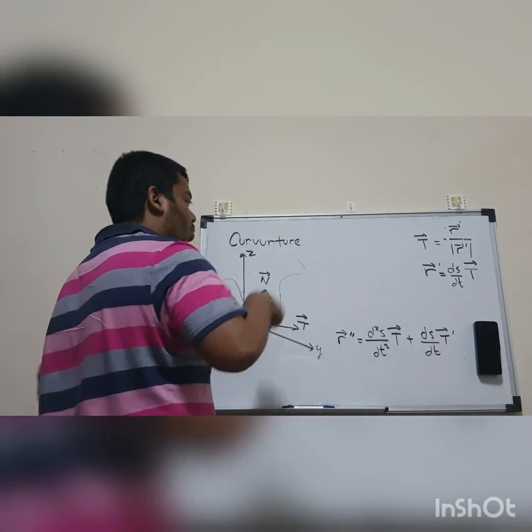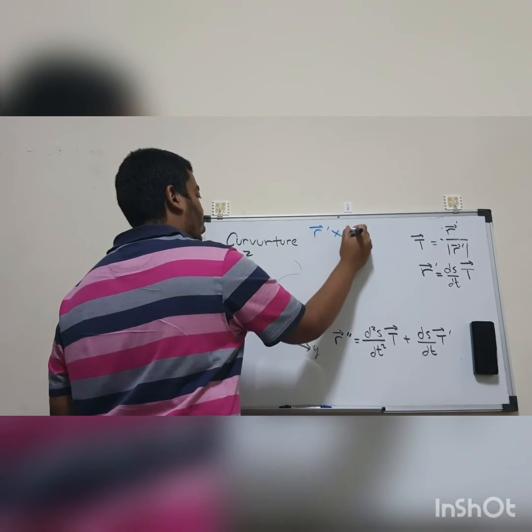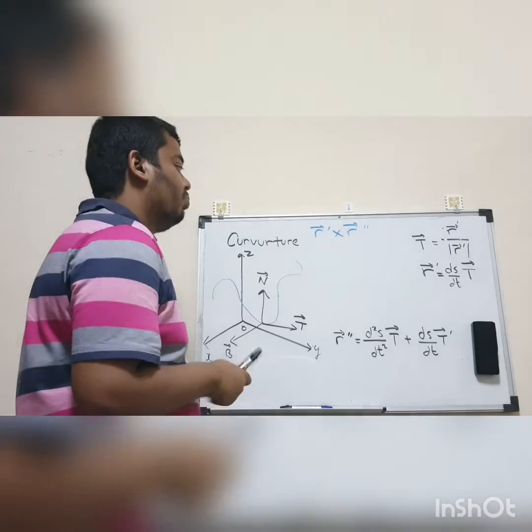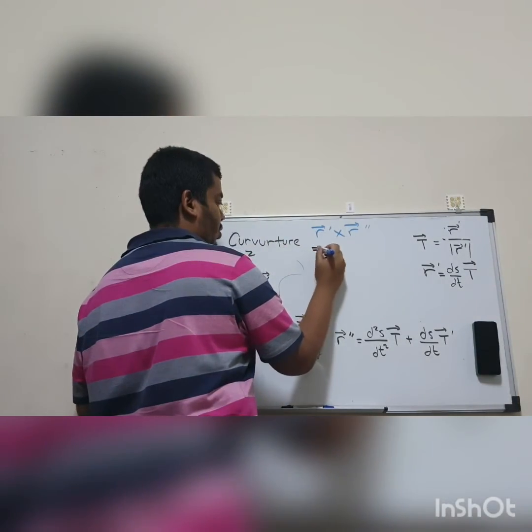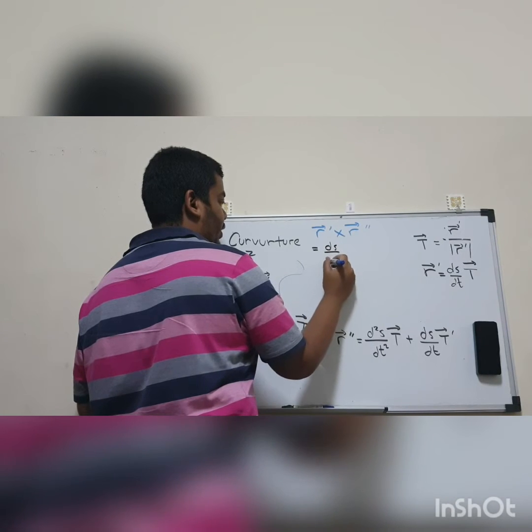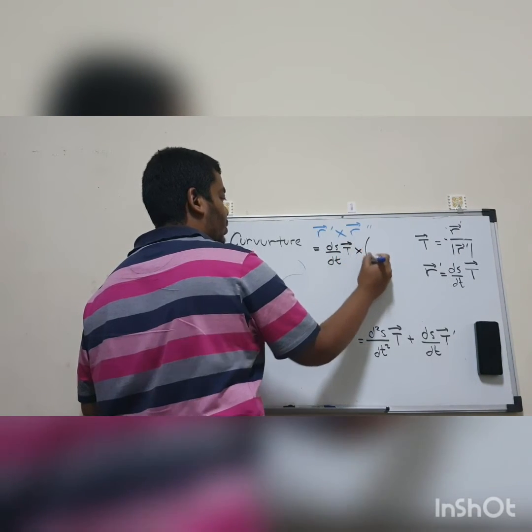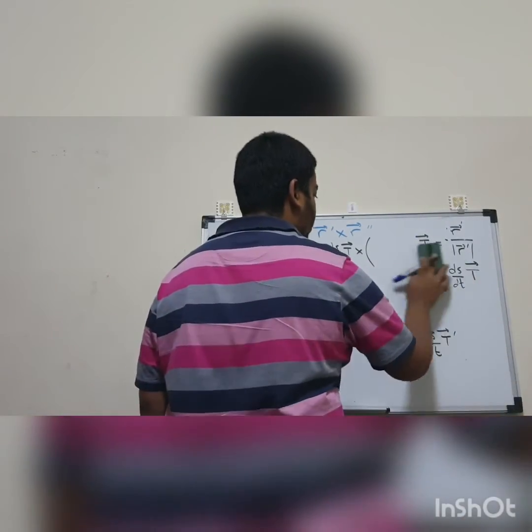Okay, so we have r prime and we have r double prime. When we cross multiply these two things, we end up with ds over dt into the unit tangent vector cross multiplying this whole thing.